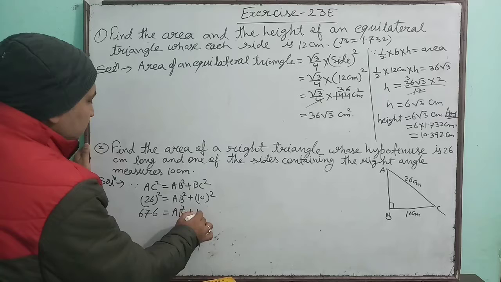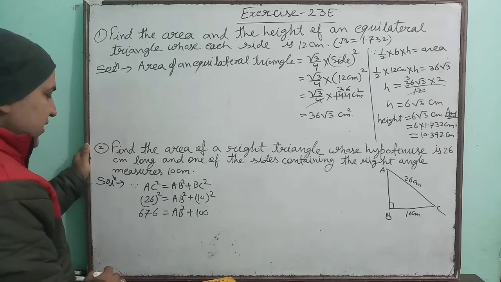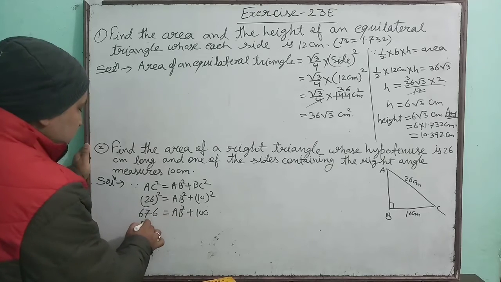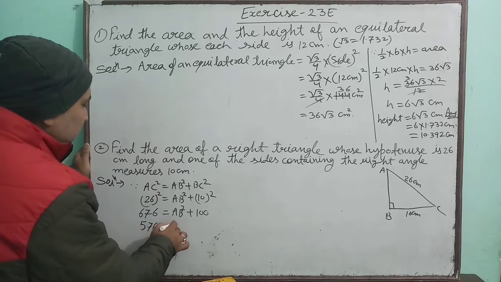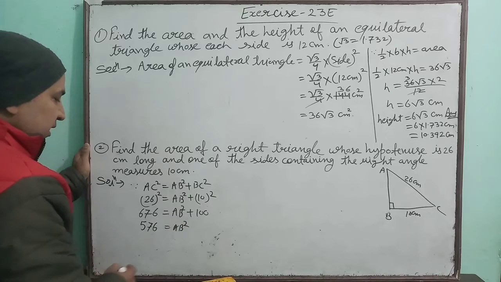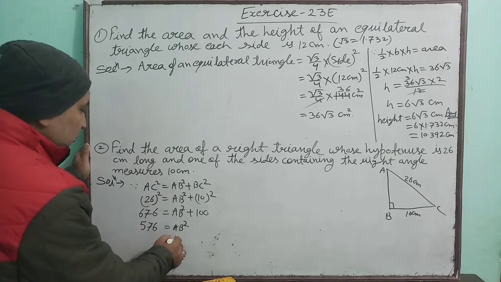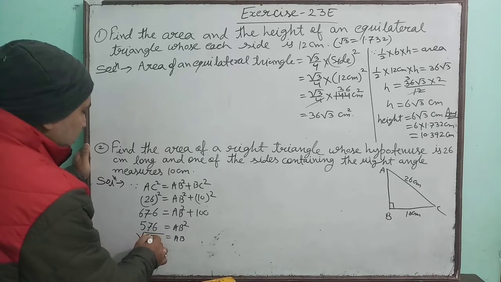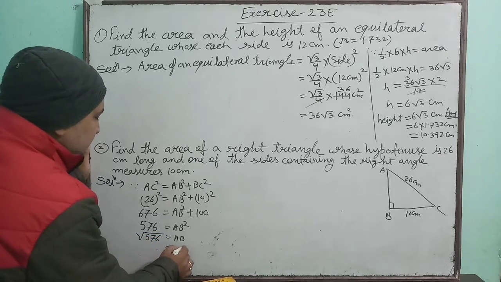AB square we have to find. 10 square is 100. 676 minus 100 is equal to 576. If AB square is equal to 576, then AB will be square root of 576.